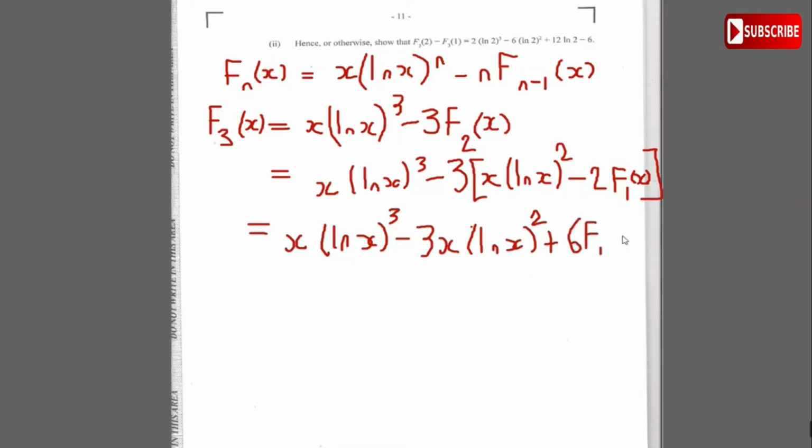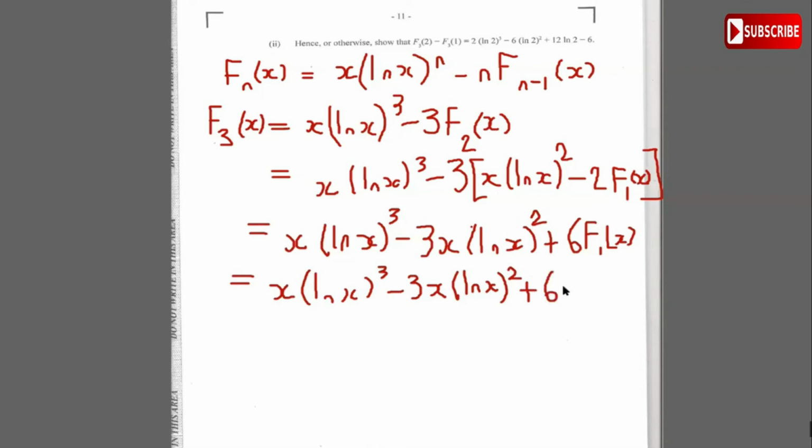I know the question you're going to ask: we're going to need to find f_1(x) again, sir? Yes, we're going to need to find f_1(x). Finding f_1(x), we're just going to replace n with 1. So penultimately, we get x(ln x)^3 minus 3x(ln x)^2 plus 6 times f_1(x).